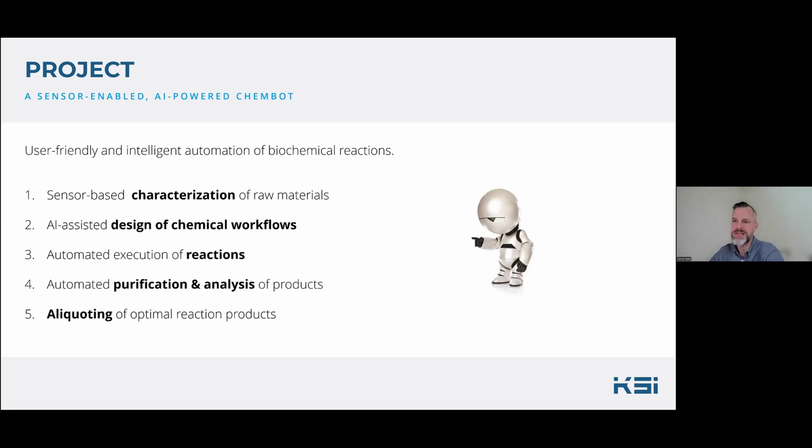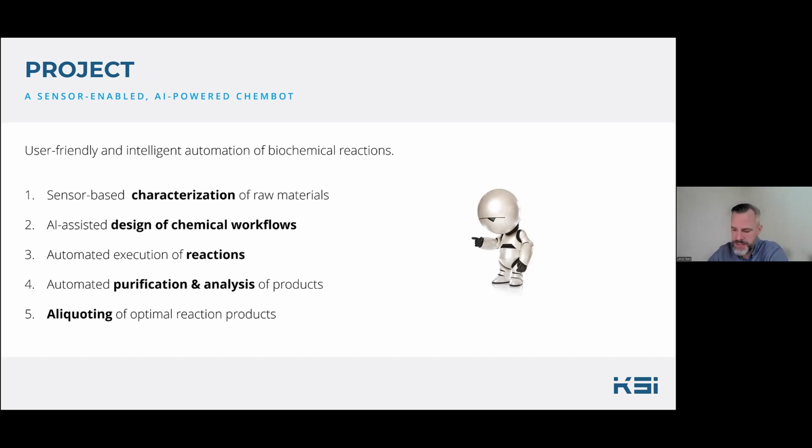And the idea is that the way that these reactions are being run is designed with AI-assisted processes and then run automatically by a liquid handling system that is combined with integrated sensors that can actually analyze molecules before they start a reaction. And then at the end of the reaction, we also want to purify what has been produced and analyze that, and in the end aliquot it.